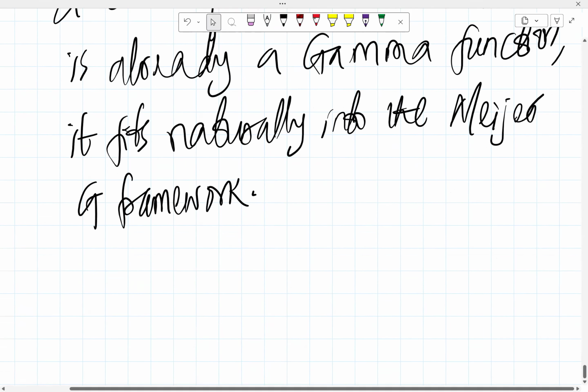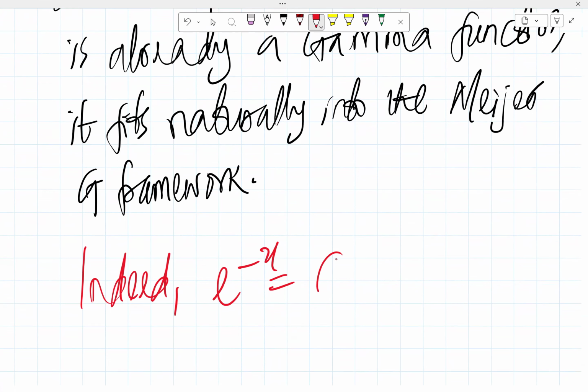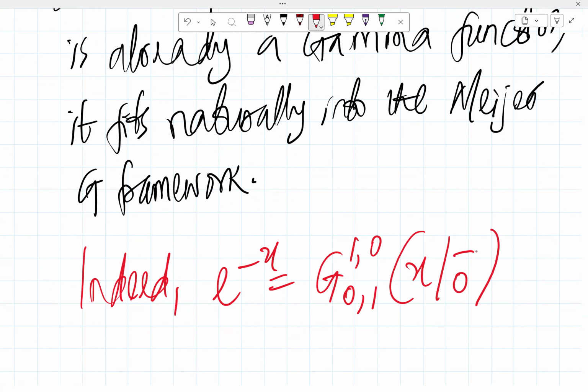Indeed, e raised to minus x is actually G sub 0 comma 1, superscript 1 comma 0, of x given minus; 0, like this.